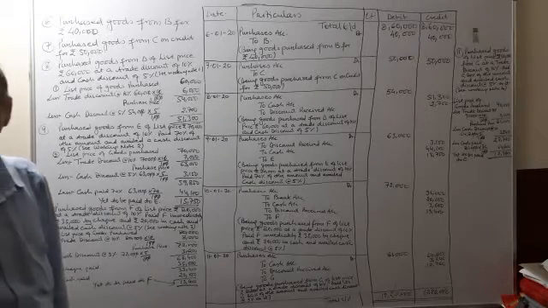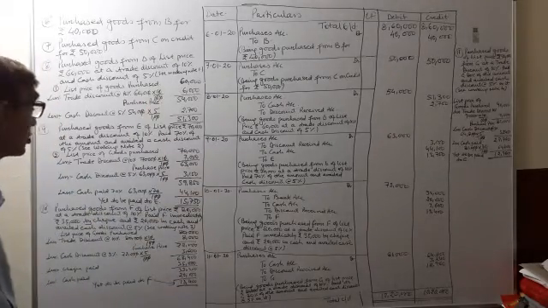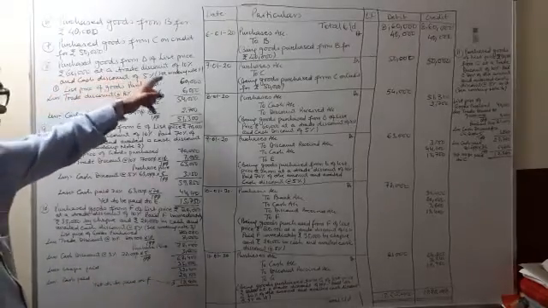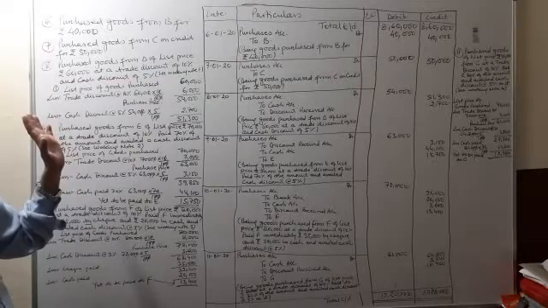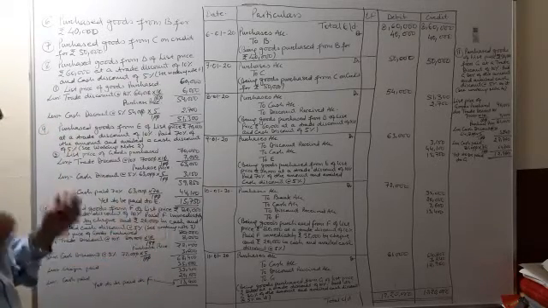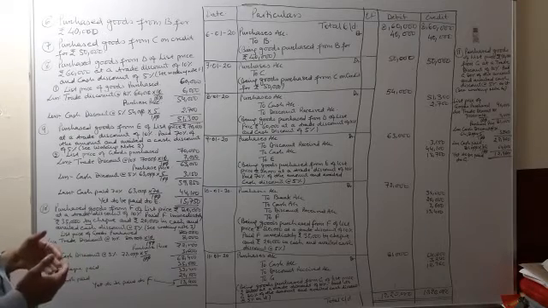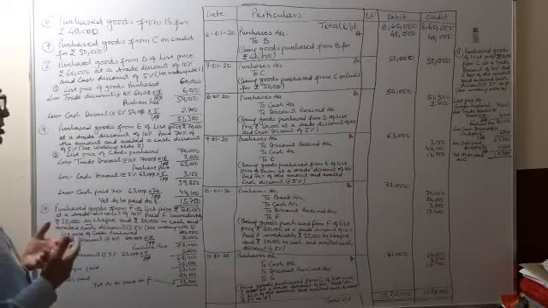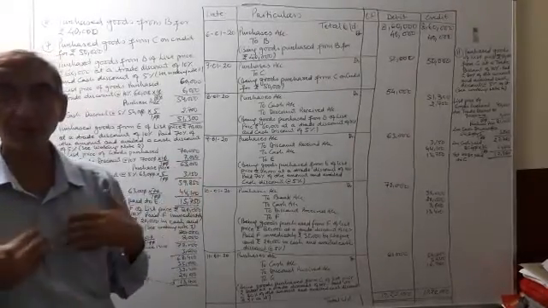Trade discount amount is nowhere recorded in the books of accounts. Only cash discount is recorded. And cash discount of 5%. It means that the entire amount has been paid to D after deducting the trade discount, and we availed a cash discount of 5%. Now this cash discount is a gain for us.